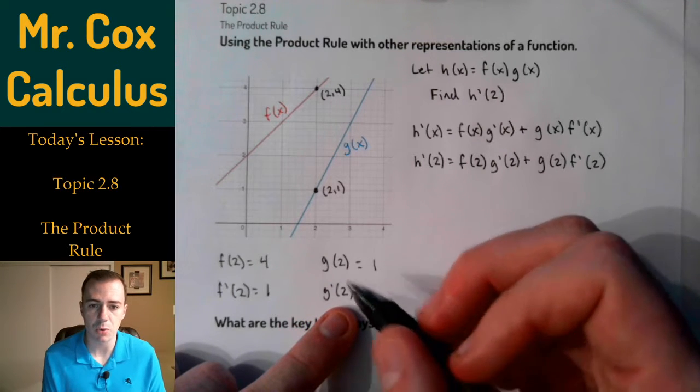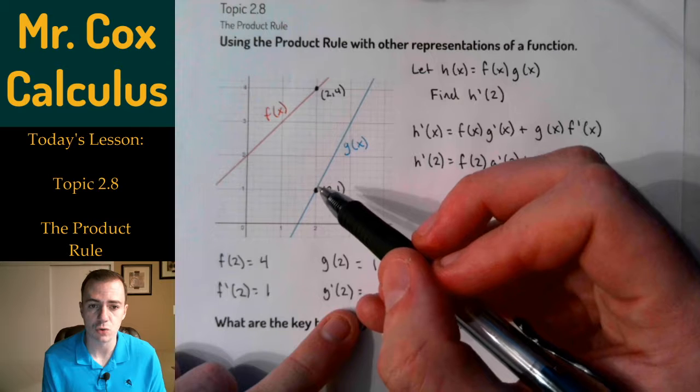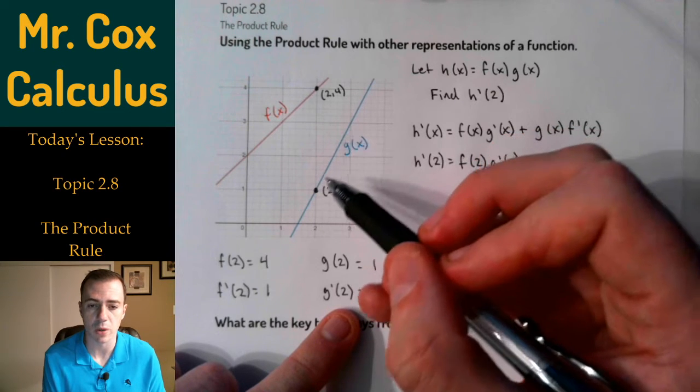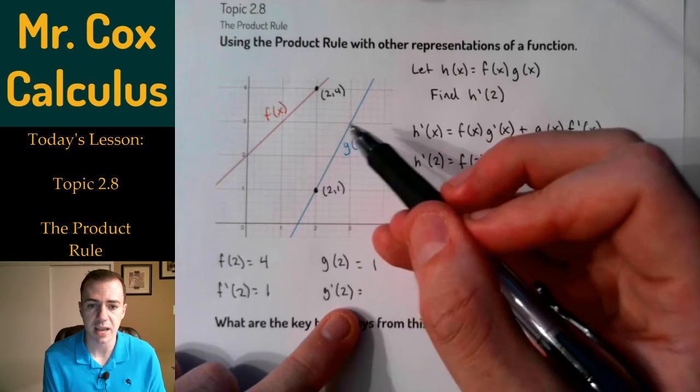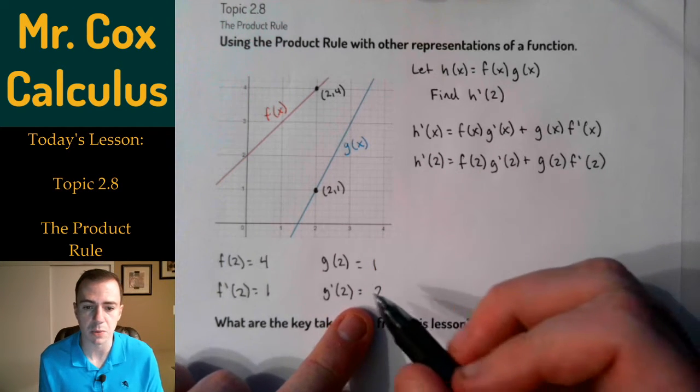If I look at g prime of 2, it's a little bit steeper. I've got this point at 2, 1, but it also looks like I've got the point at 3, 3. So I can say I go up 2 over 1, and so g prime of 2 can be equal to 2.